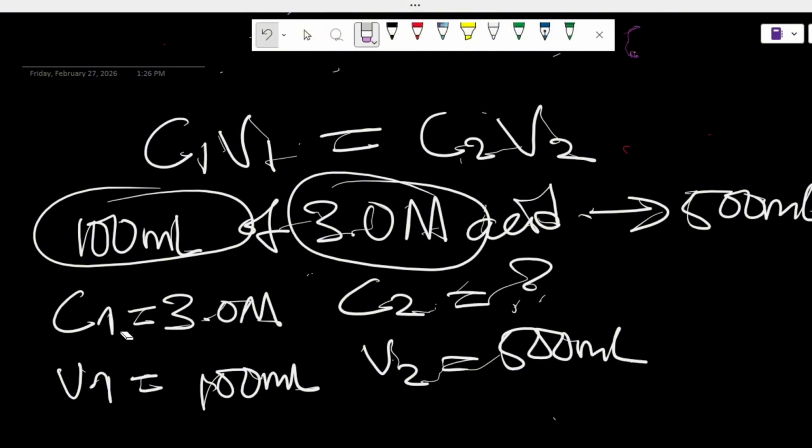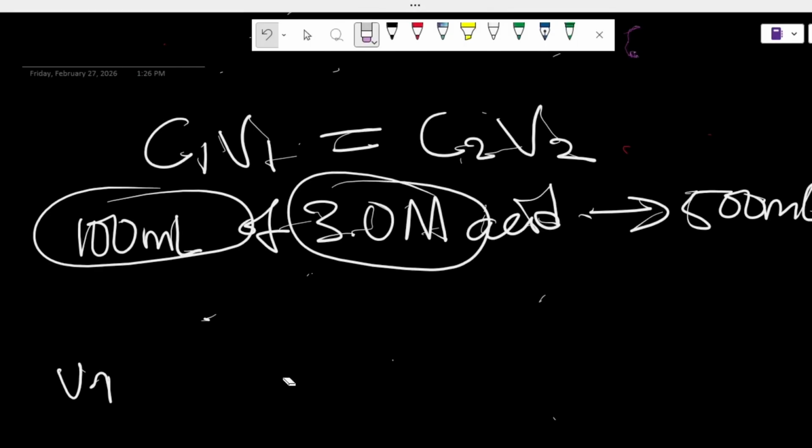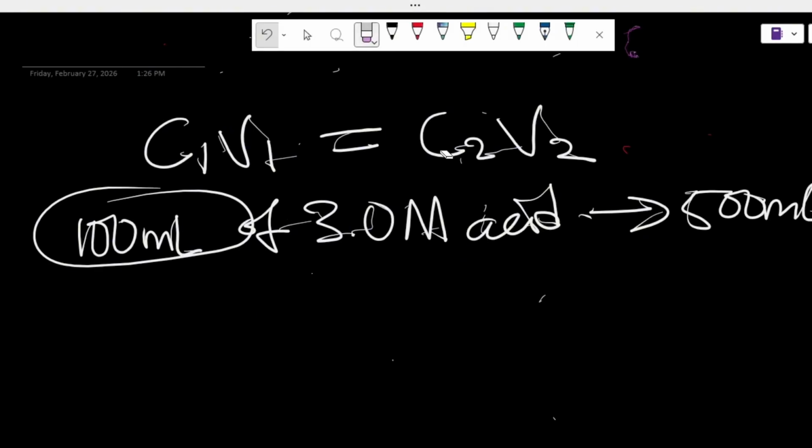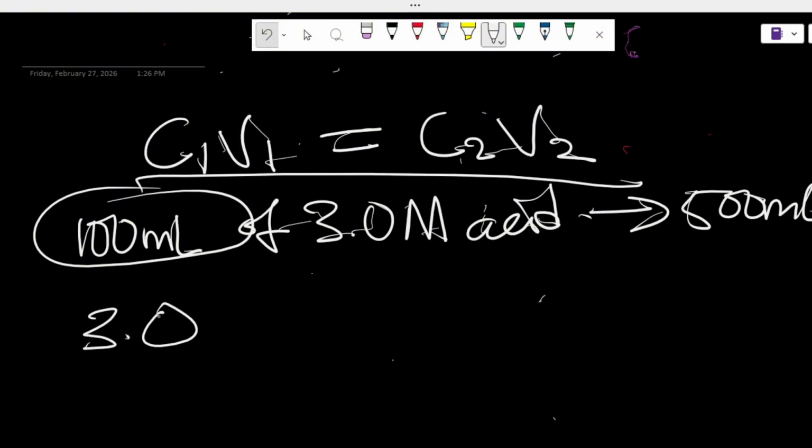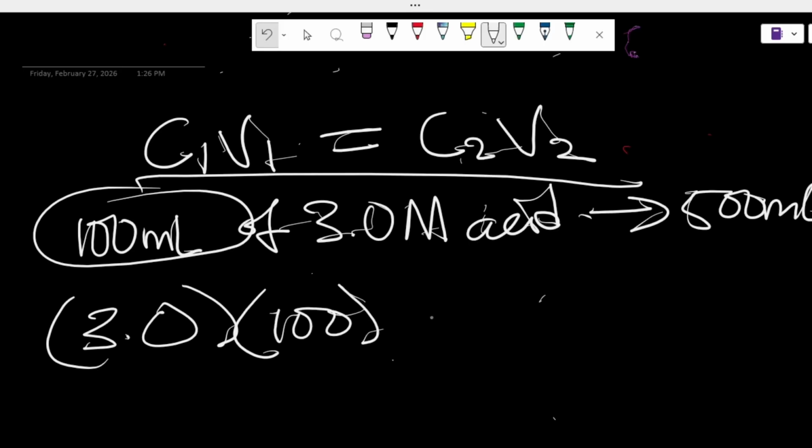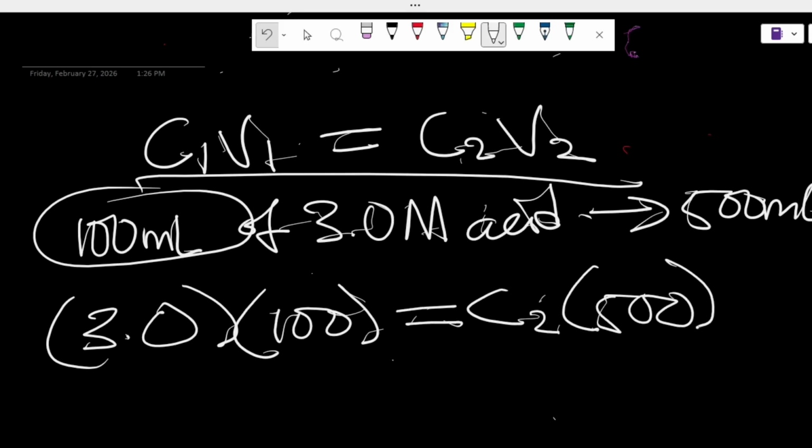All you have to do here is the substitution method using the same formula. So concentration 1 is 3 and volume 1 is 100, and concentration 2 is what we are looking for. Volume 2 is 500.